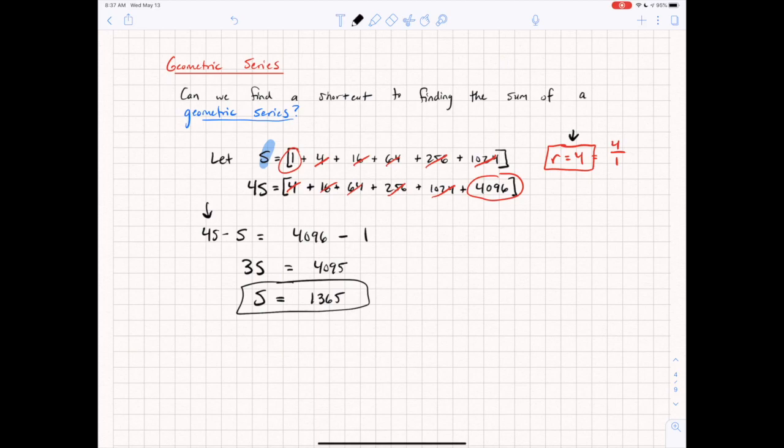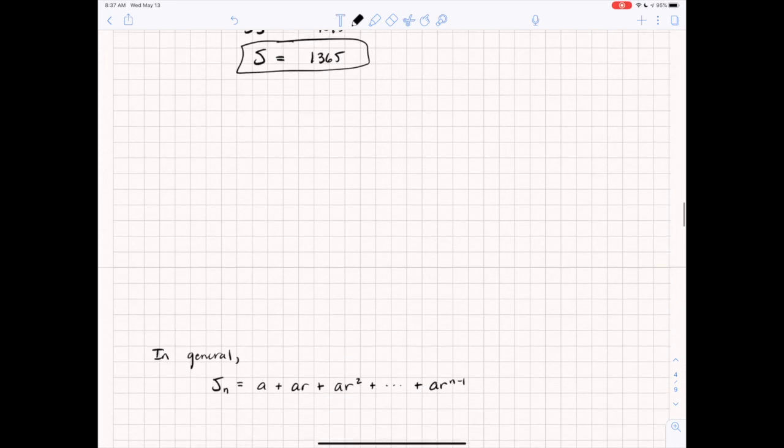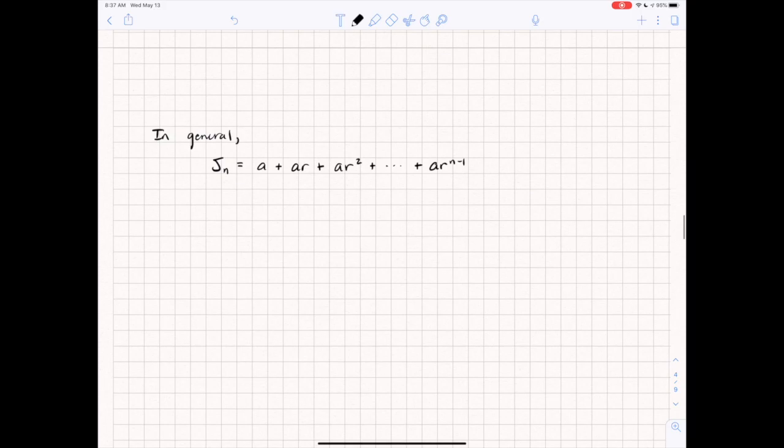So let's take a look at what's happening generically, and then we'll see this in an example. So in general, we know that a geometric sequence contains these terms, a, ar, ar squared, all the way to ar to the n minus 1.